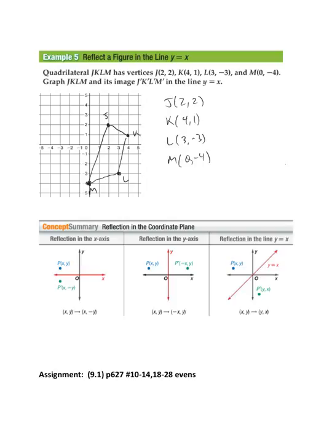And we're going to reflect this across the line y equals x. Again, that line is the points 1, 1, 2, 2, 3, 3, -1, -1, -2, -2. So that is the line we're reflecting across. It's the line y equals x.